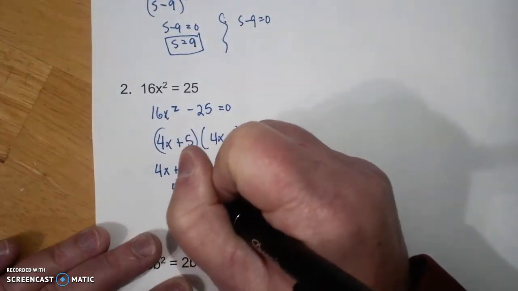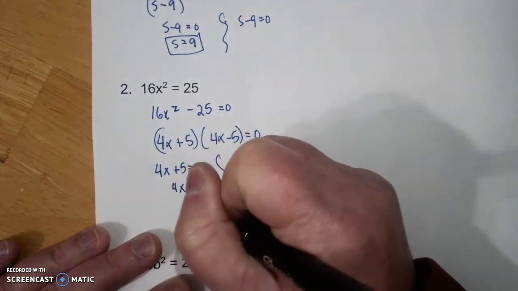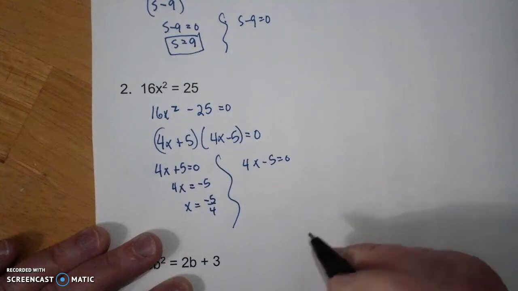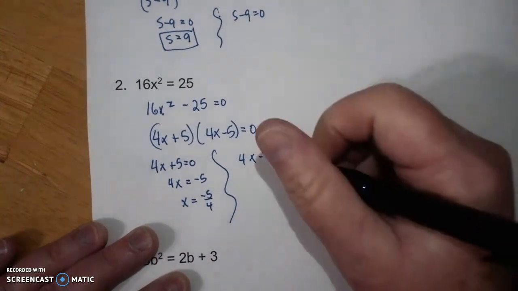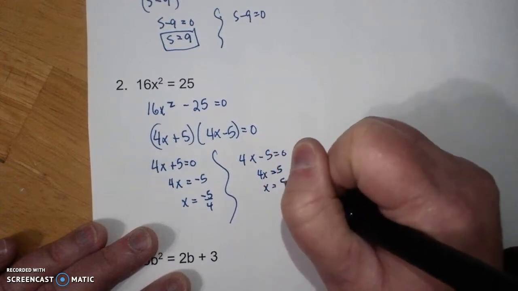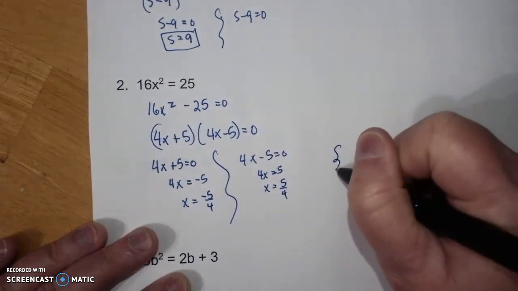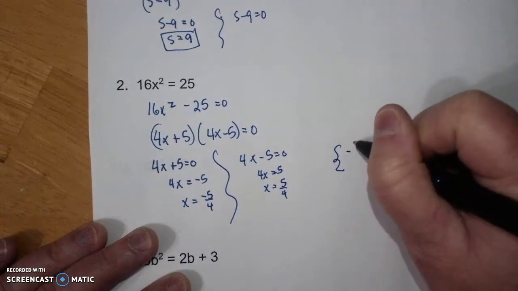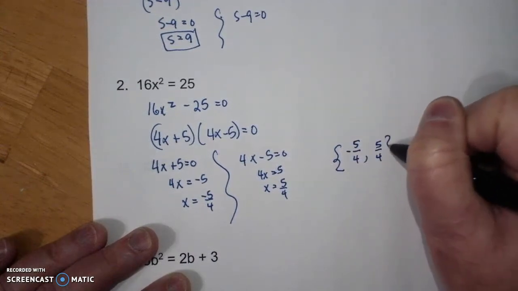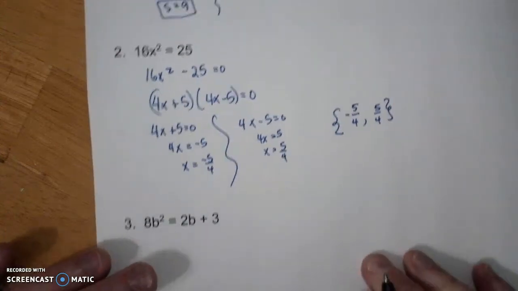Subtract 5: x equals negative 5 over 4. Add 5: 4x equals 5, x equals 5 over 4. So my solution set is negative 5 over 4 and 5 over 4.